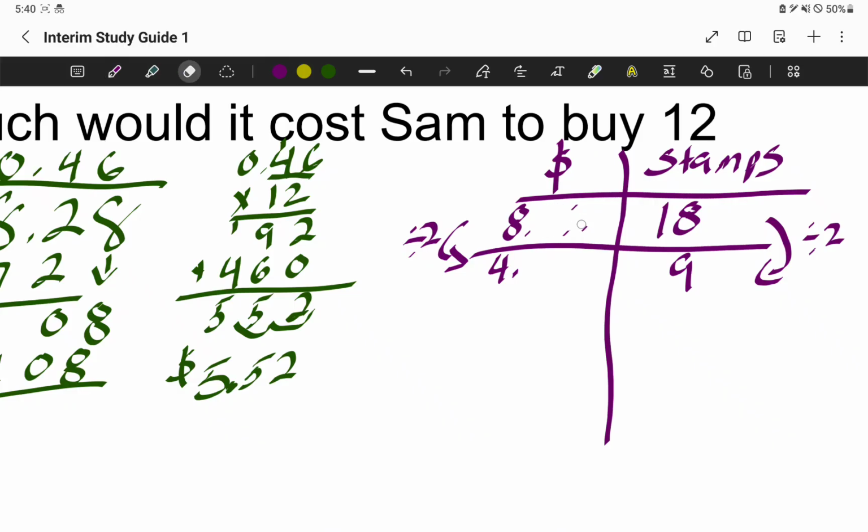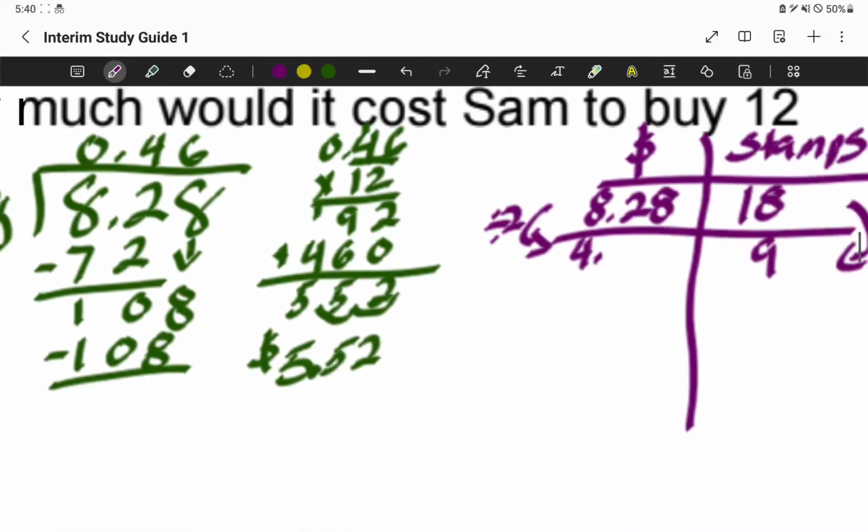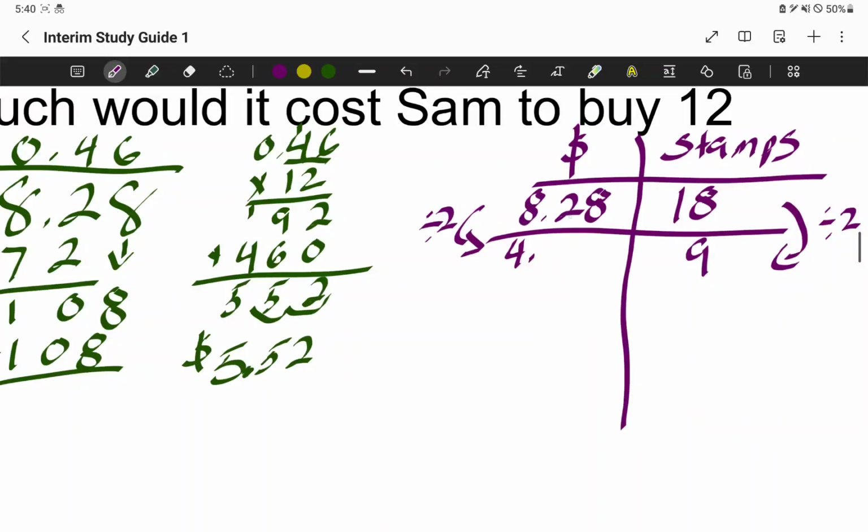I got those numbers backwards. Did I get it backwards? Yep. And so, 2 divided by 2 is 1. And 8 divided by 2 is 4. So it's 414 for 9.